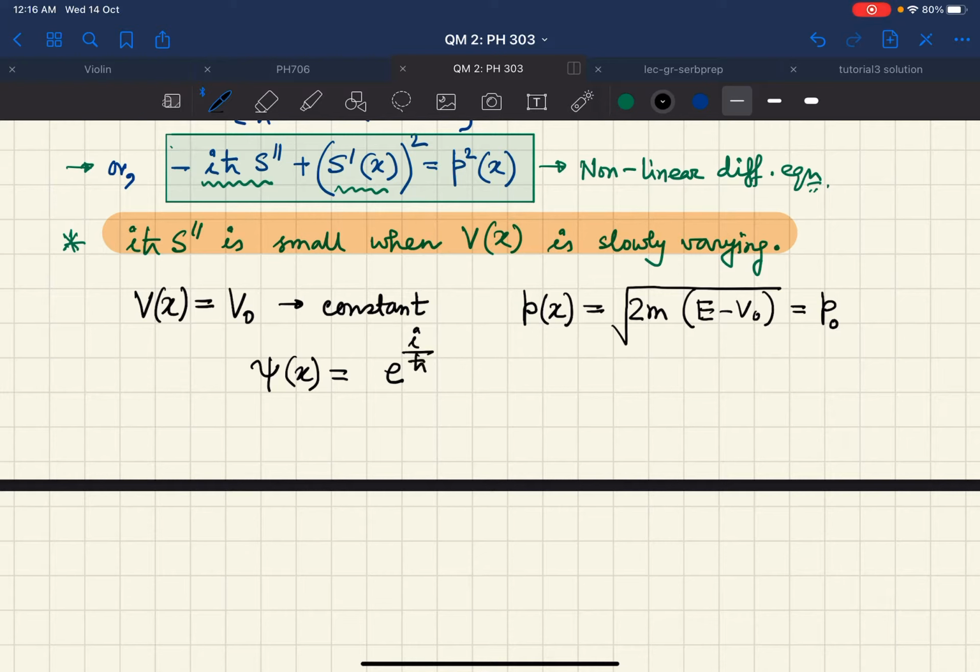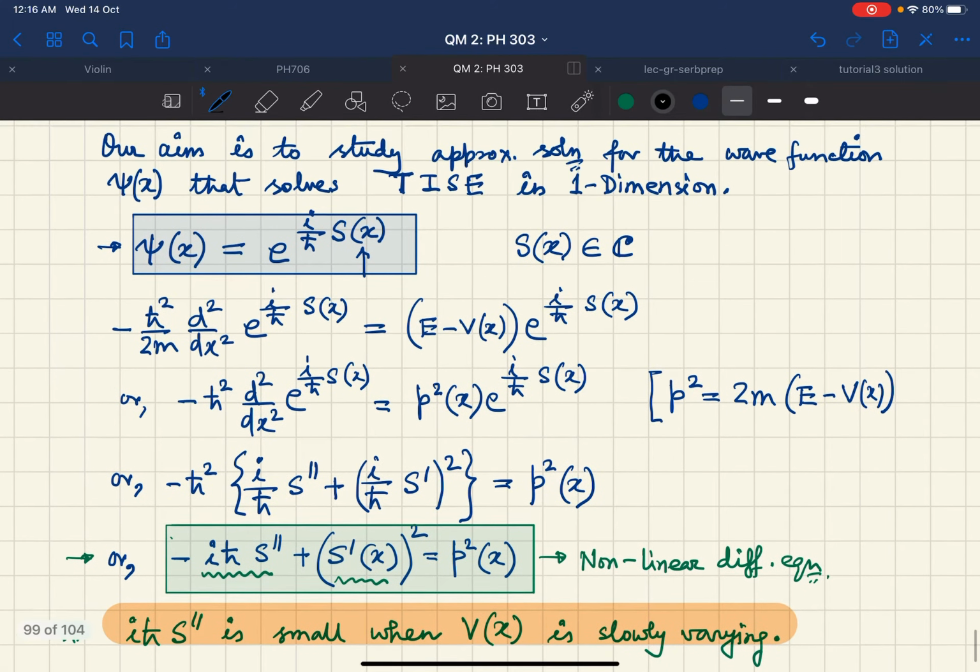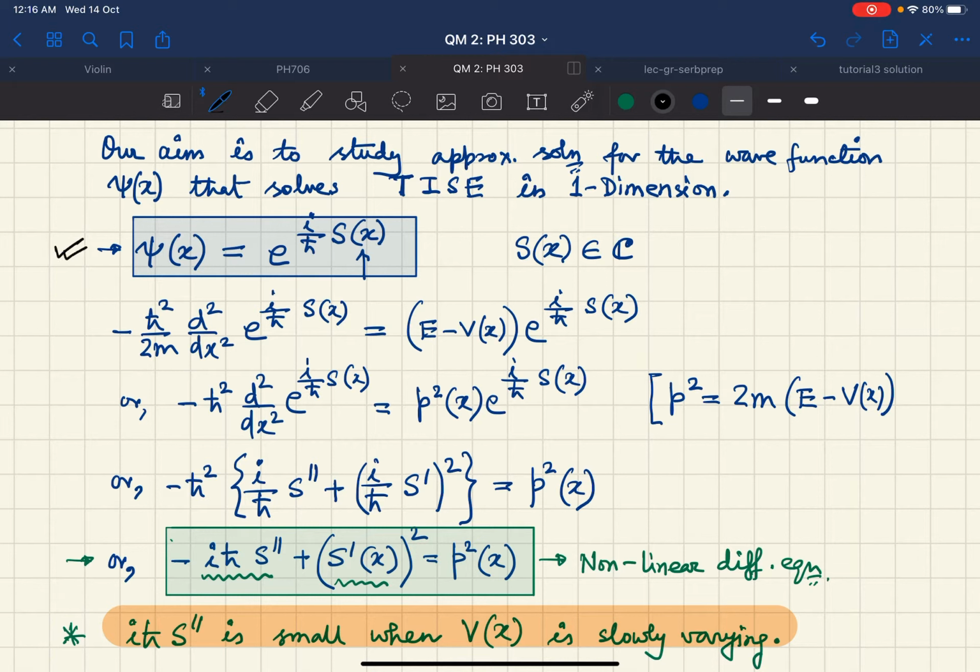Also remember that this is the form with which we had started, e to the power i by h bar into S of x.